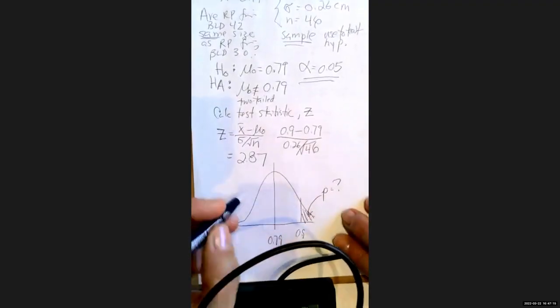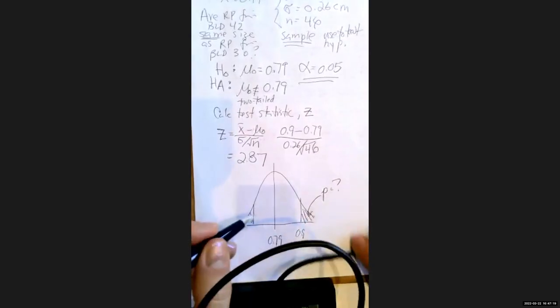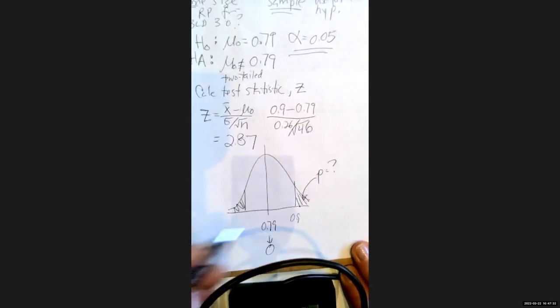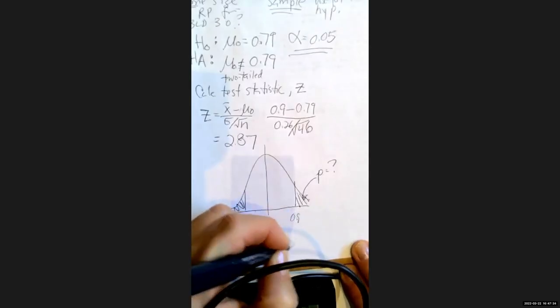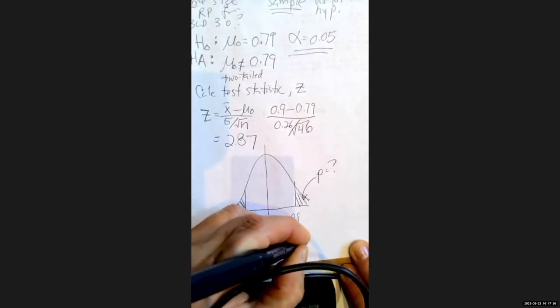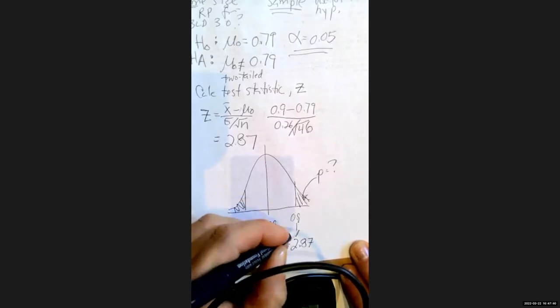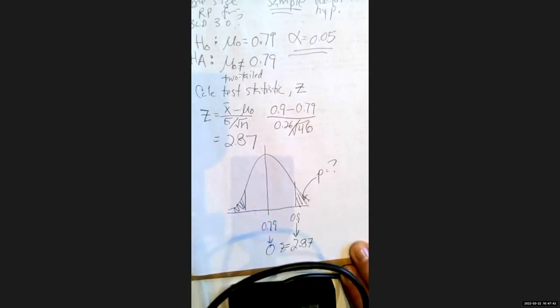And actually, I want to find the equivalent value over here because I'm doing a two-tailed test and add those both together. All right, so what I've done is I've converted to the standard normal distribution with mu of 0. And what is this value equivalent to? 2.87 as a z. So my value of x, I've converted it to a value of z.